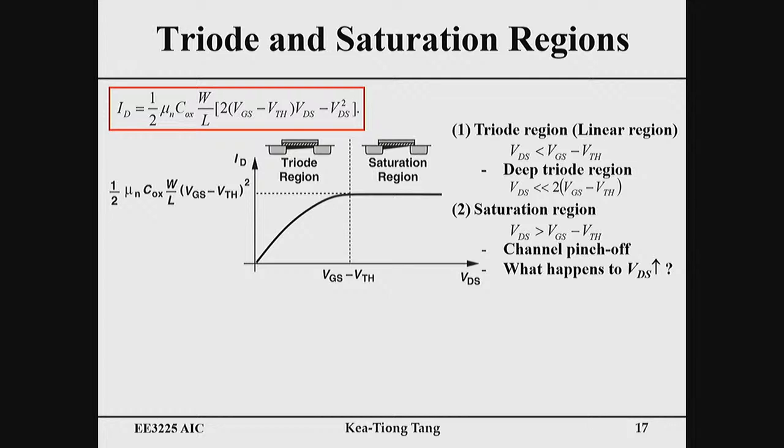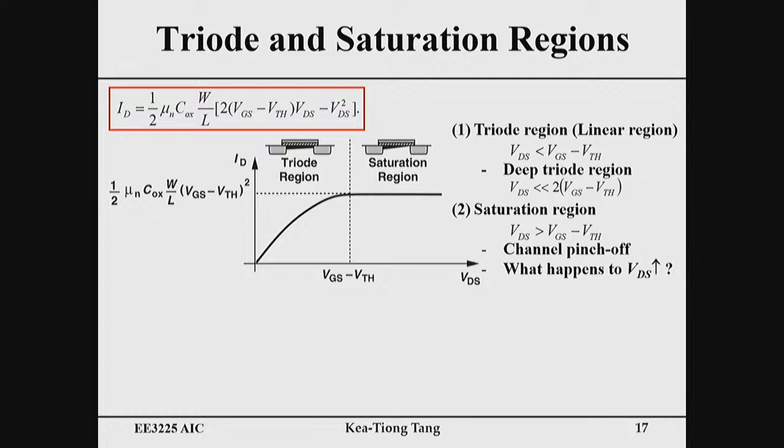So that's why we call this region triode region, and we call this region saturation region. Okay, the definition of the name is very clear. What is triode region? Triode region means that we have three terminals, and the voltage of the three terminals will control the drain current.